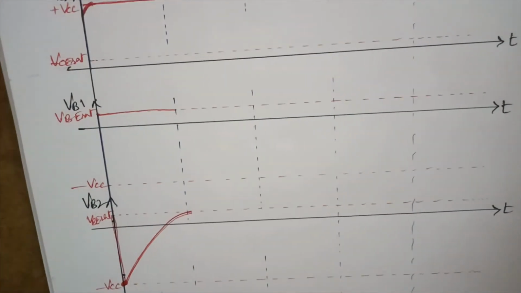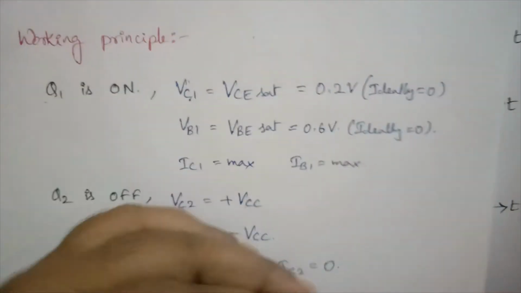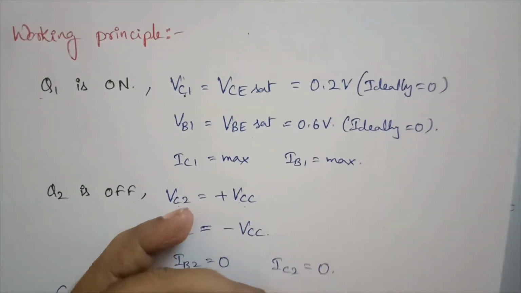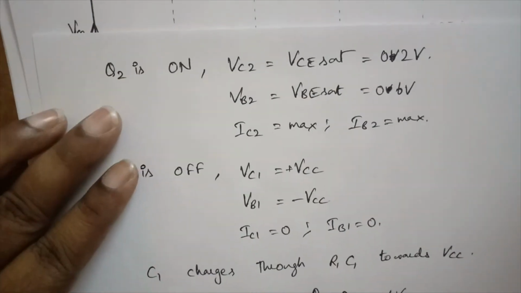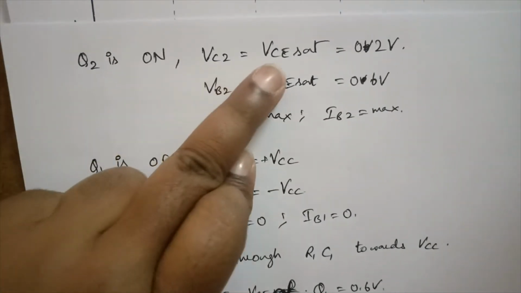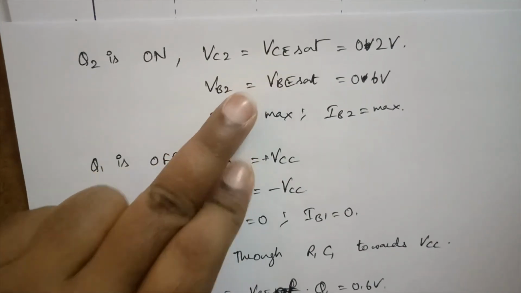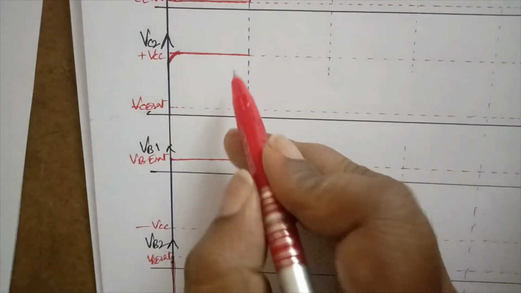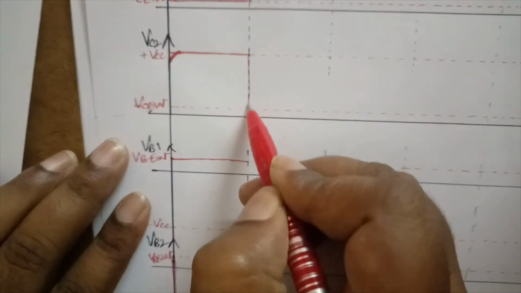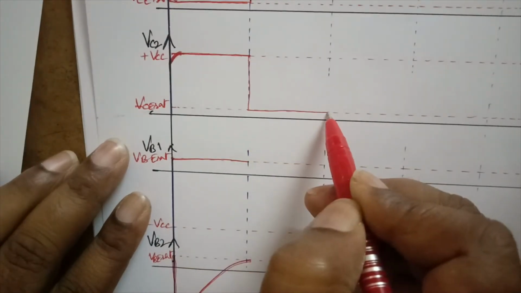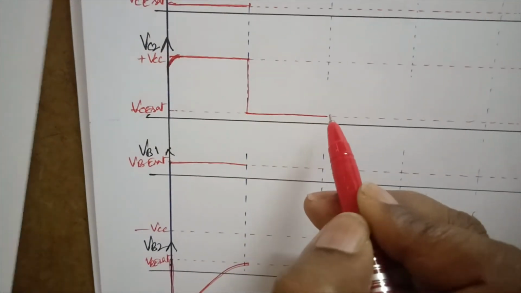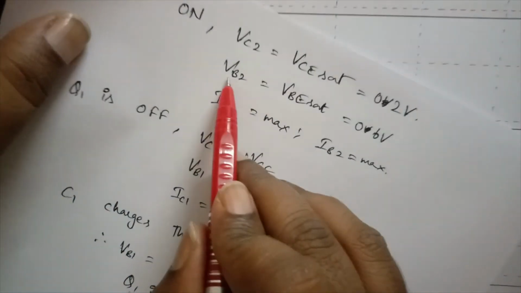Now we move on to when Q2 is on and Q1 is off. When Q2 is on, VC2 becomes VCE sat. So it decreases, and here we are getting VCE sat. At this point, what is VB2?